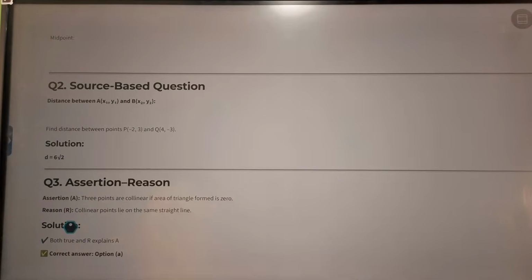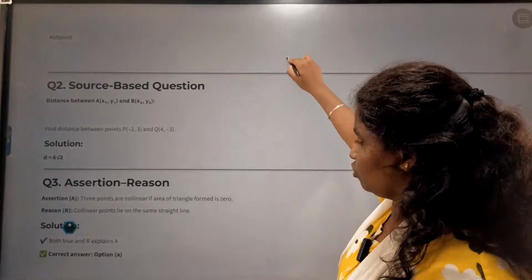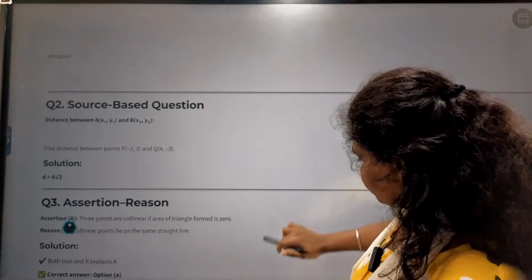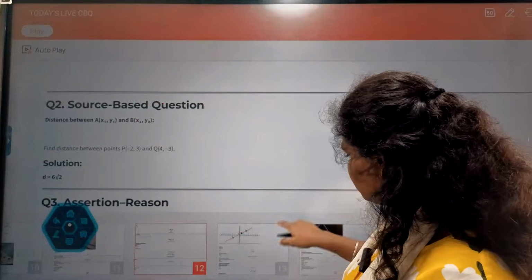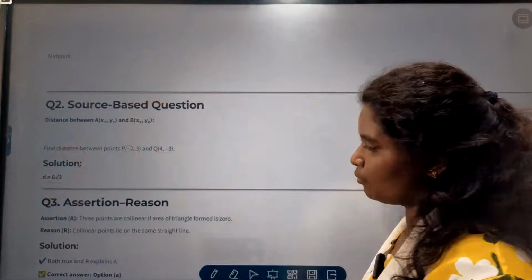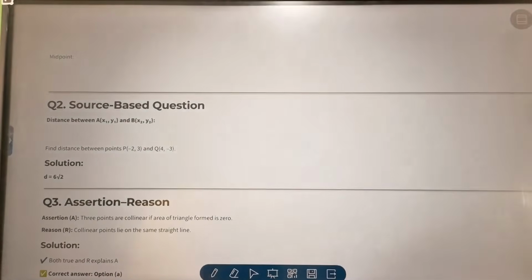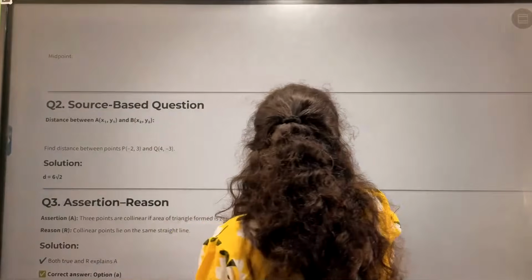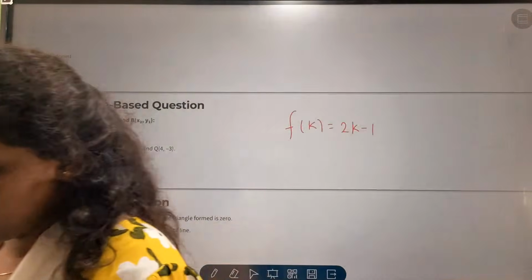Okay. Yes, shall we solve? So f of k is given as 2k minus 1. Yes, Ragul, shall we try that question? And then we'll proceed, right? See, yes. So f of k is given as 2k minus 1, right?